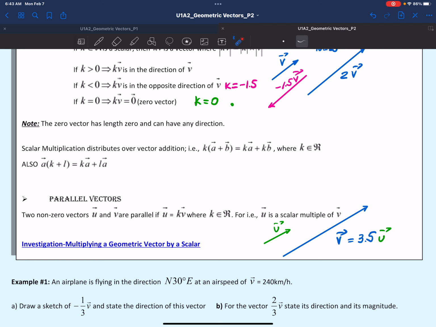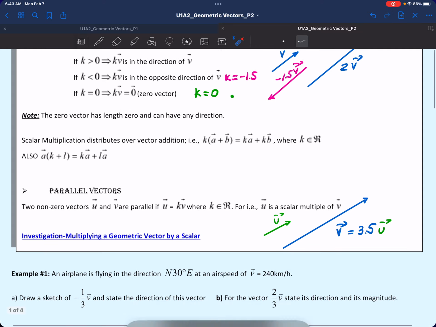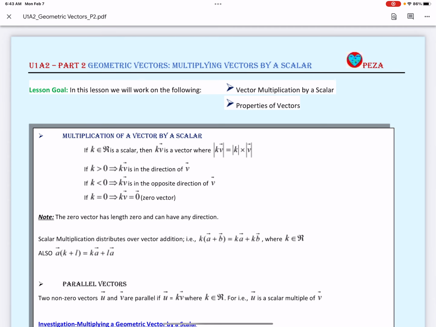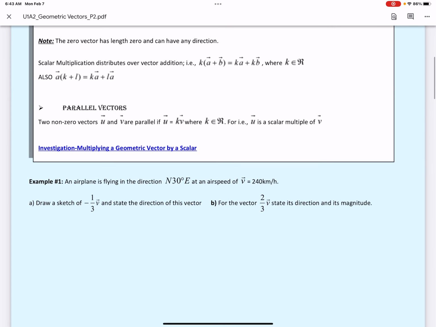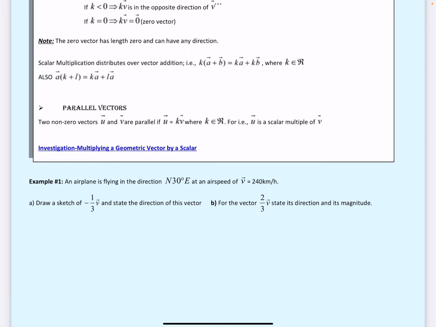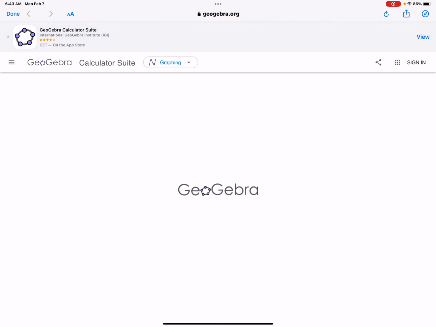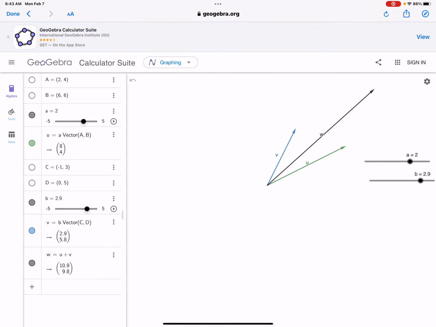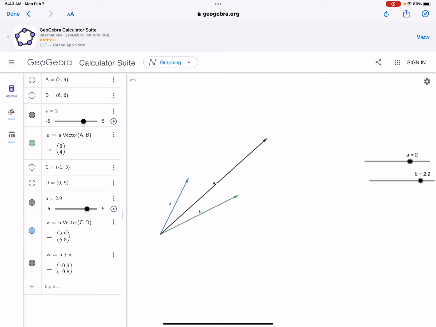Now, let's take a look at a fun exercise on GeoGebra. So I prepared this lesson, and hopefully it will make sense. And here we go. First, I want to explain the diagram a little bit. So we have vector u, the green one, and vector v, the blue one.